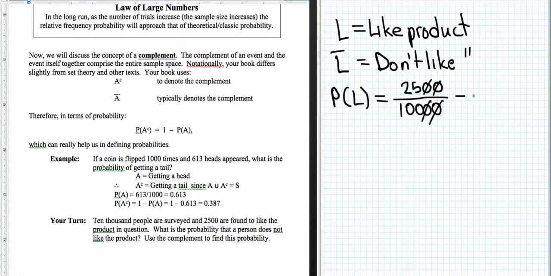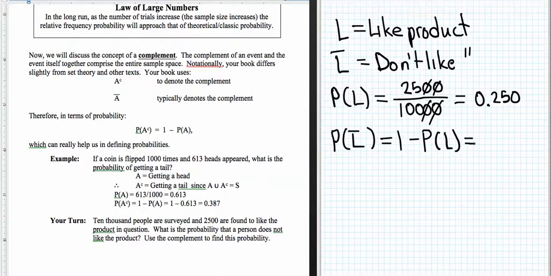That looks like 2,500 over 10,000, or 0.25. If you prefer, you could write it as a quarter, right? Either one. So that is my probability of liking it. Well, then if I want to know the probability that you don't like it, then that would be 1 minus the probability that you do like it.